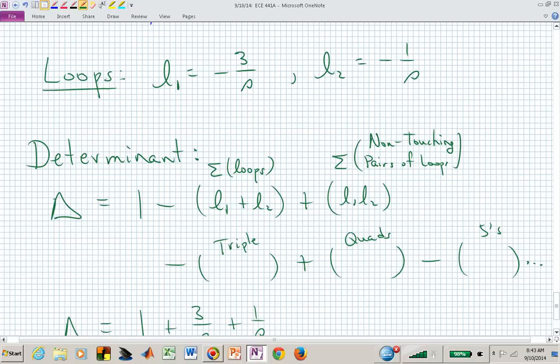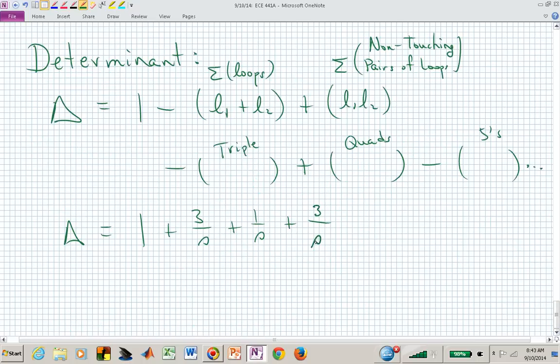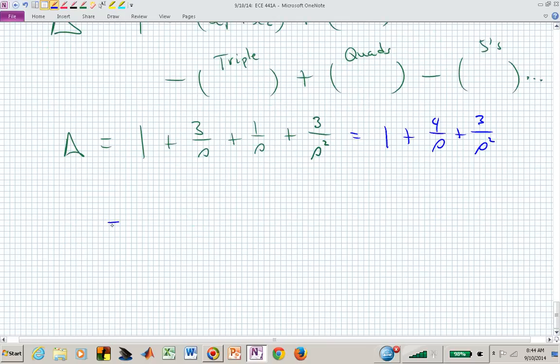I had a plus the product of those two, so I now have plus 3 over s squared. Is that okay? And I can combine those two in the middle if I wanted to. That's now 1 plus 4 over s plus 3 over s squared. And I'm actually going to probably want to eventually have that as a ratio of polynomials. If I get a common denominator, I now have for a numerator s squared plus 4s plus 3. And that's my determinant.